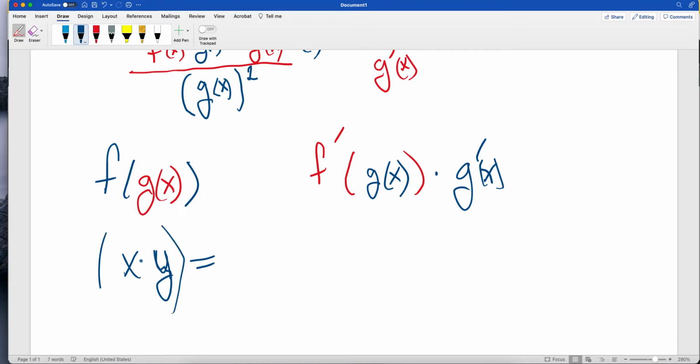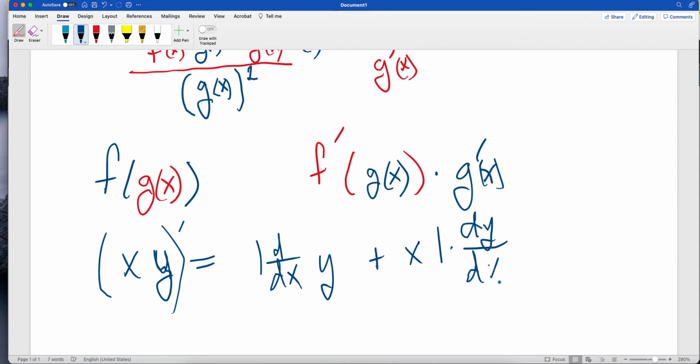When we took this derivative, we would take the derivative of x, which is just 1, and I could put a marker d/dx that I took the derivative of x, times y unchanged. And because we've got a product rule going on here, we leave x alone, and then we take the derivative of y, which is 1, but that one we list as the derivative of y with respect to x, because x is our input variable.